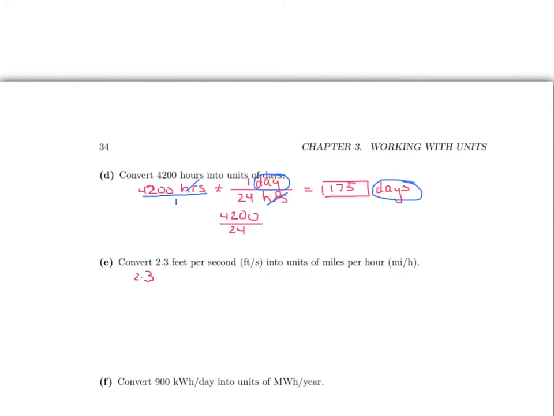Now in this case we want to write the feet per second as a fraction. So it's 2.3 feet divided by 1 second. And we want to multiply that by a conversion factor, a fraction, so that when we're done we will have a certain numerical value given in units of miles per hour.